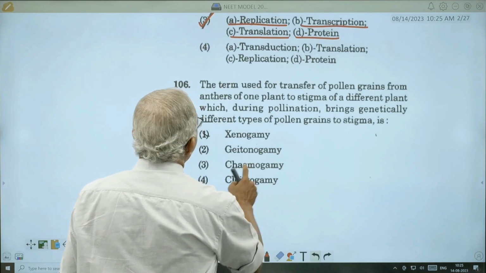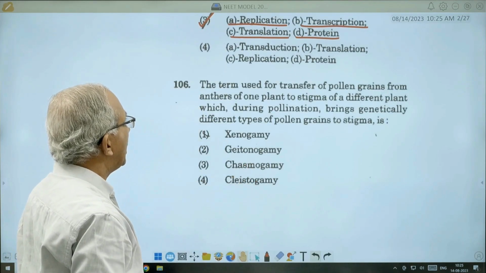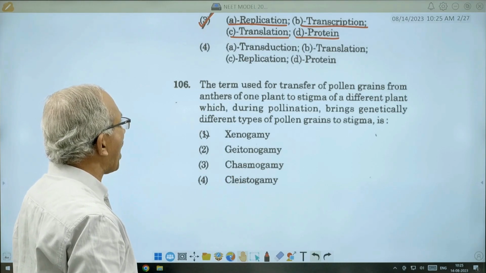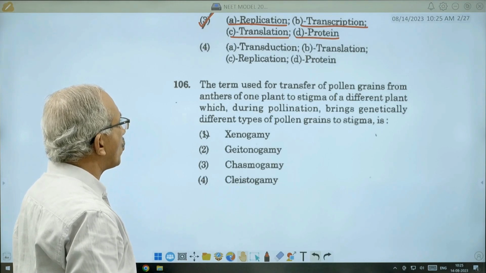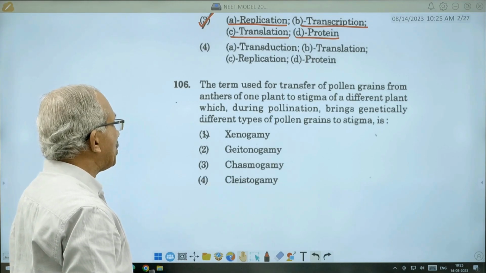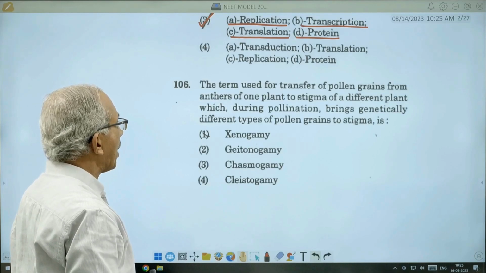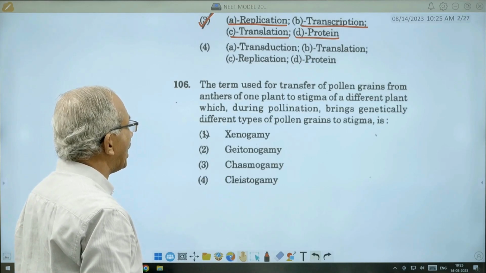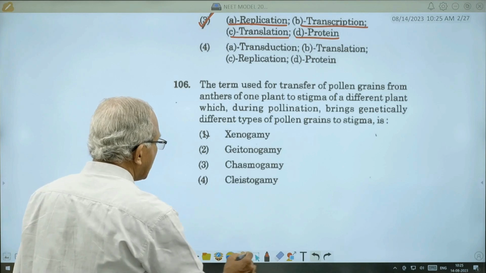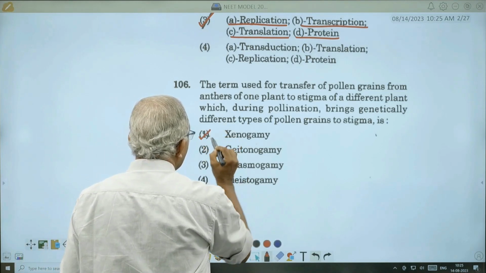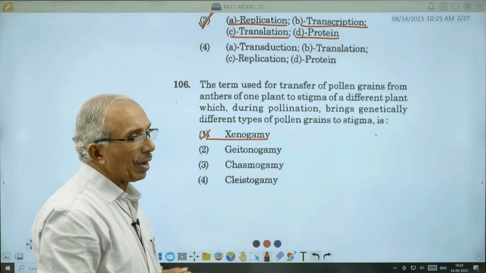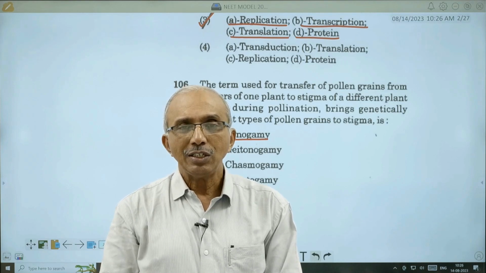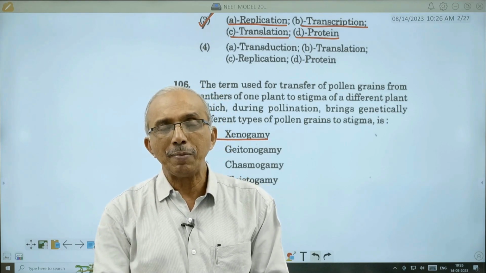Next, the term used for transfer of pollen grains from anther of one plant to stigma of a different plant, which during pollination brings genetically different types of pollen grains to stigma. This type of pollination is known as xenogamy. There are 3 types of pollination: autogamy, geitonogamy, and xenogamy.